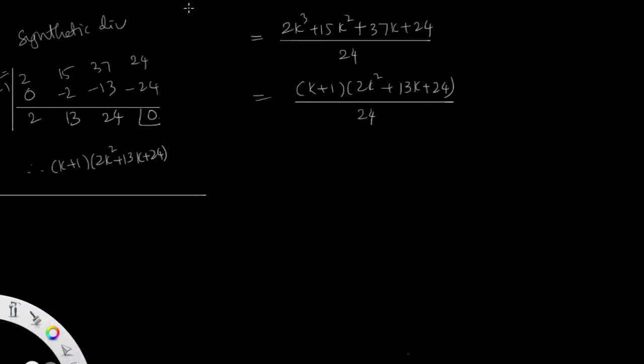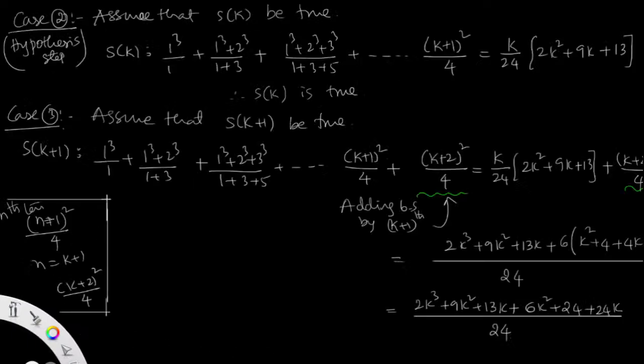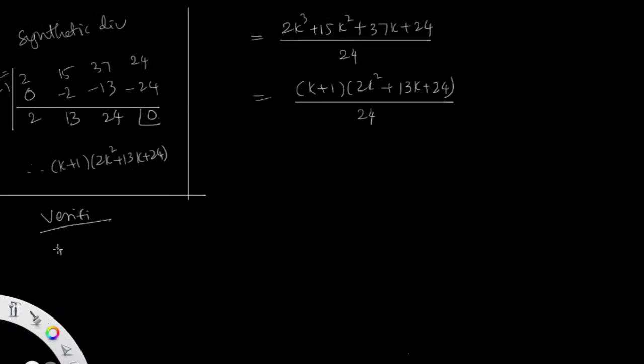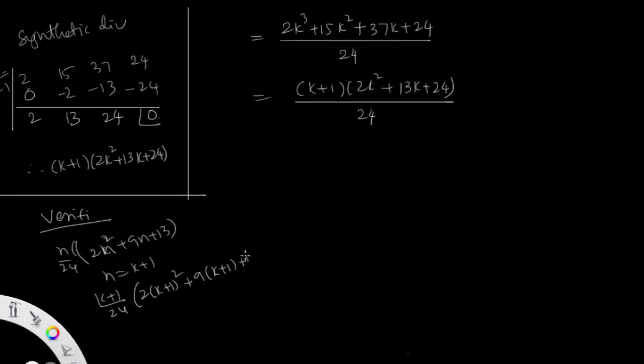Check whether it is correct or not by doing the verification. Verification means taking the nth term on the RHS. The RHS is n by 24 into 2n square plus 9n plus 13. Put n equal to k plus 1. So k plus 1 by 24, 2 into k plus 1 whole square plus 9 into k plus 1 plus 13.